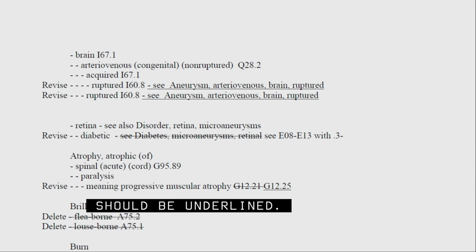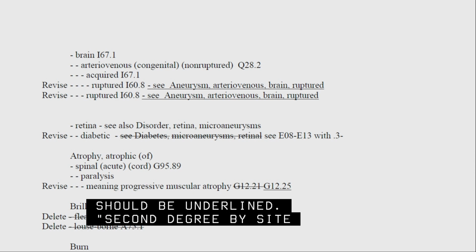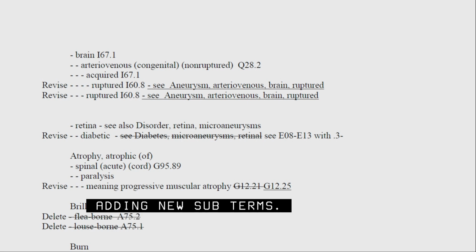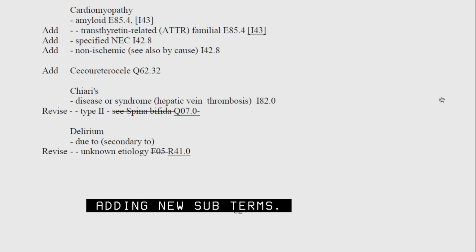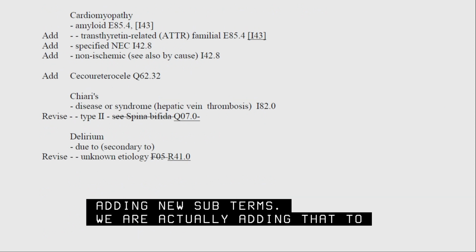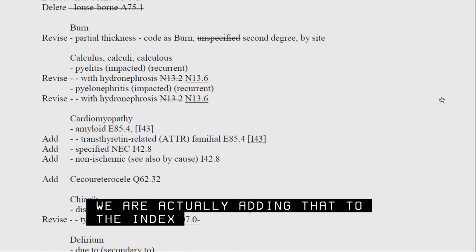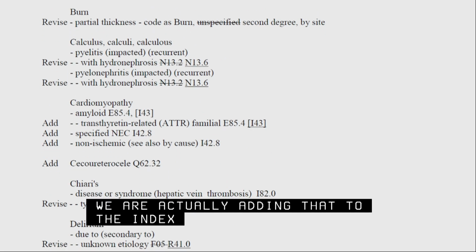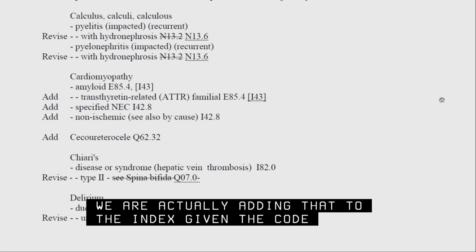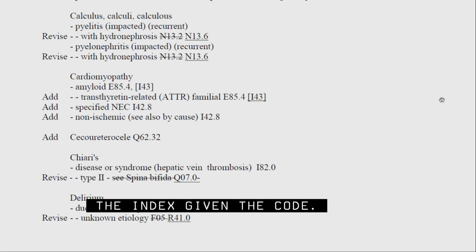Under cardiomyopathy, we're adding new subterms for the various sites here, and we're adding that to the index, given the code Q62.32. And under Chiari's disease type 2, we're leaving the code assignment, but we are deleting the word see spina bifida.